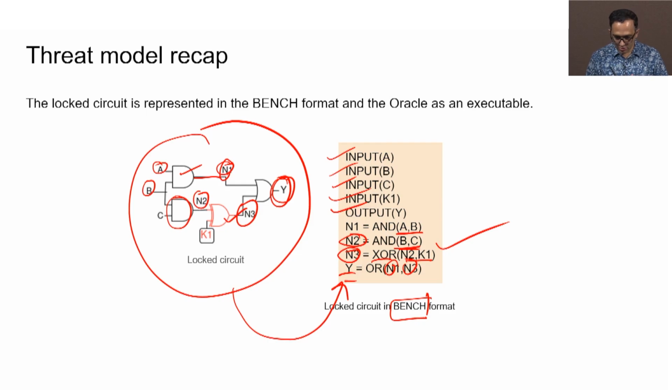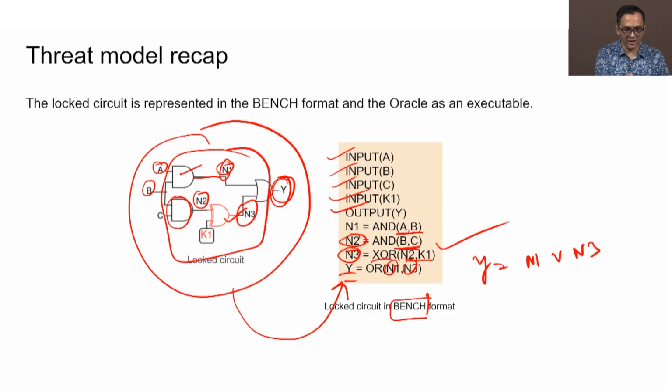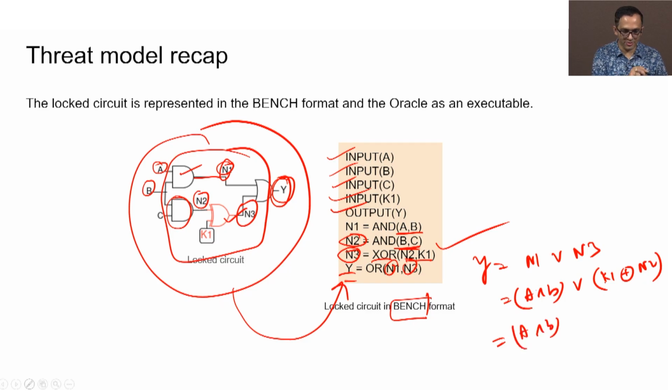So, what you have to do is first convert this into CNF. Effectively, you will get an expression for Y in terms of this. If you just rewrite this, you will get the expression: Y is N1 OR N3, where N1 is A AND B, and N3 is K1 XOR N2, where N2 is B AND C. So, N3 is K1 XOR (B AND C).